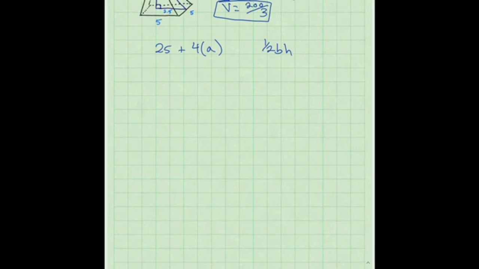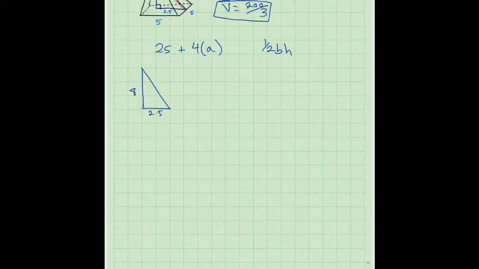From the drawing, you can see that the height of the triangular faces is actually the hypotenuse of this inside triangle. So 8 is only one of the legs. So we need to employ the Pythagorean theorem here. 8, and then since it's straight down the middle, it's 5/2, which is 2.5.